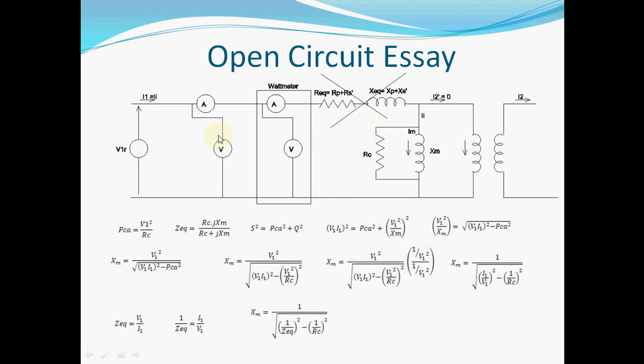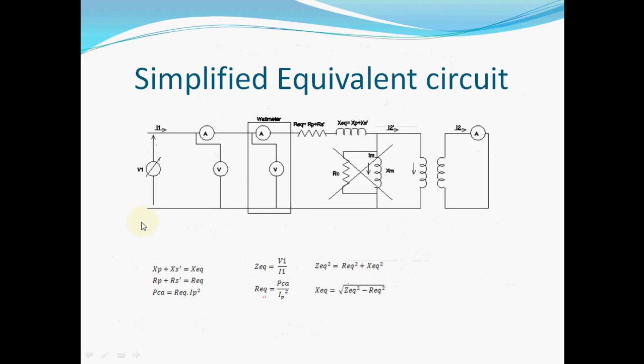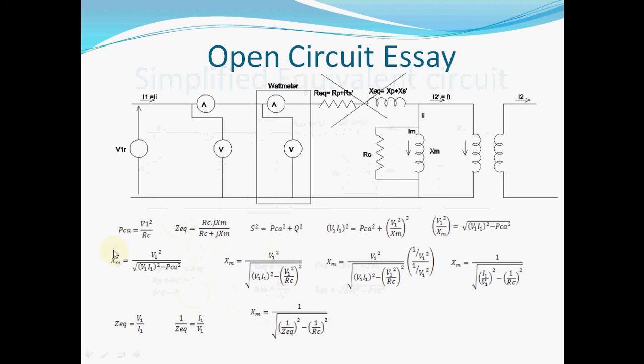And let's analyze the power supplied with the voltage. In the former circuit, we analyzed it with current, and in this circuit, we can analyze with voltage. So the equivalent impedance of this branch is equal to this expression.